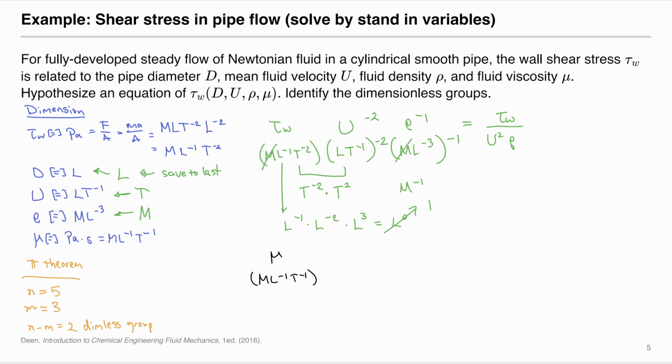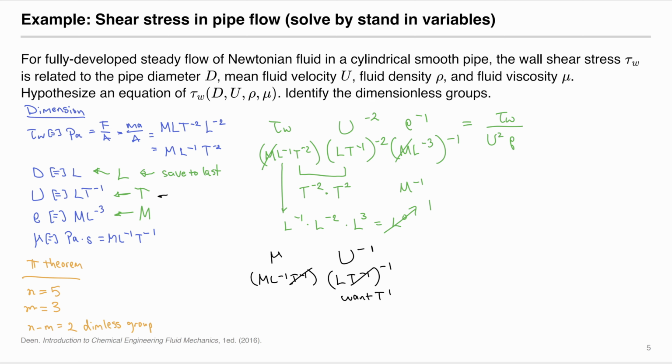So let's first consider T. The question is, what power do I need to raise U to? We need to determine that using T. We already have a T^-1. I want T to the first. So the exponent I want is minus 1, so that minus 1 multiplied by minus 1 is positive 1. So this cancels out, and I should raise U to the minus 1.